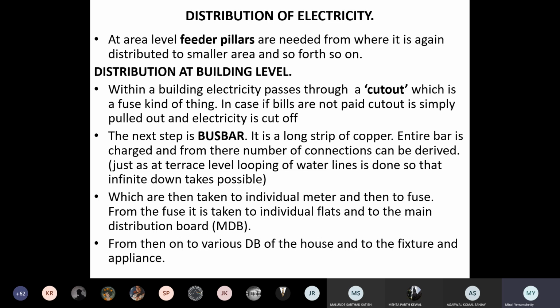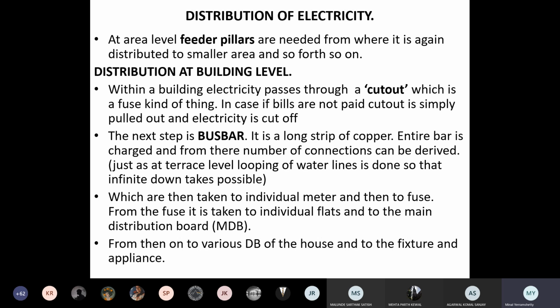In electricity there is nothing like that. So how do you multiply that one single wire that comes into your society into these 41 types? One goes to the society, 30 go to the flats, and 10 go to the commercial. You have to do this division. How do you do this division?